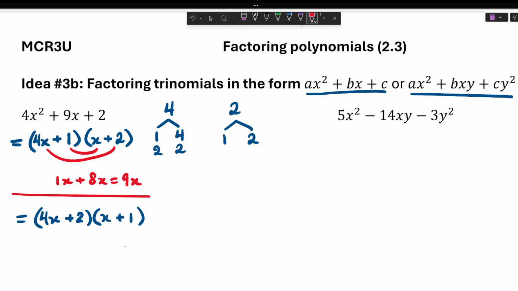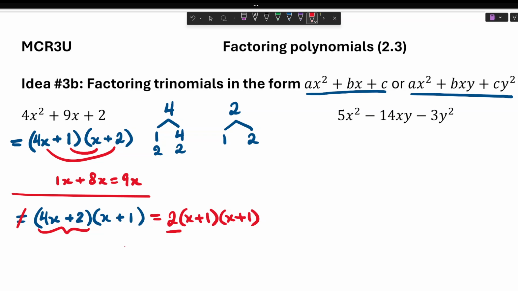Why is that? Well, when you do it this way, 4 and 2 have a common factor. So if this were correct, you should be able to factor out a 2 from that. But this original trinomial doesn't have a common factor. So that means it should never be possible to factor out a 2.